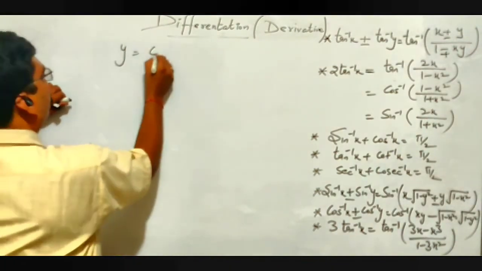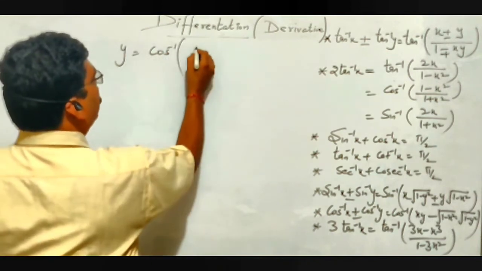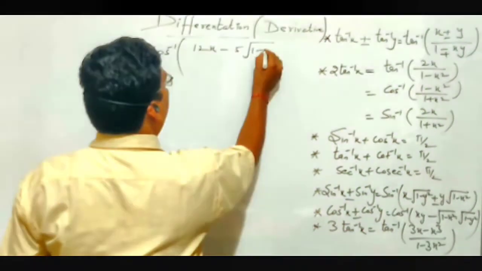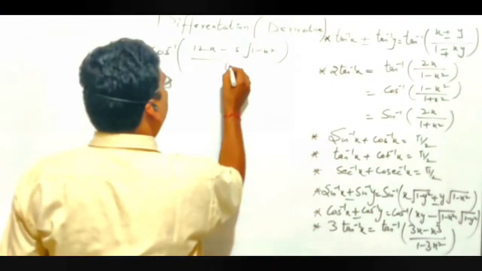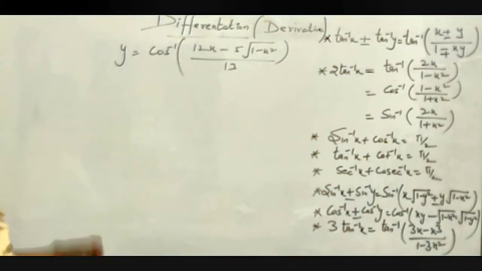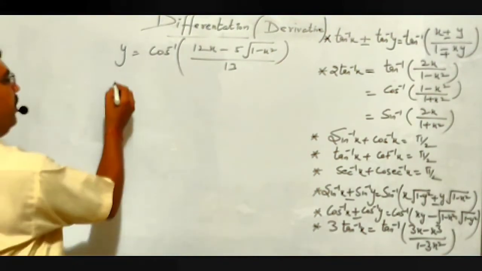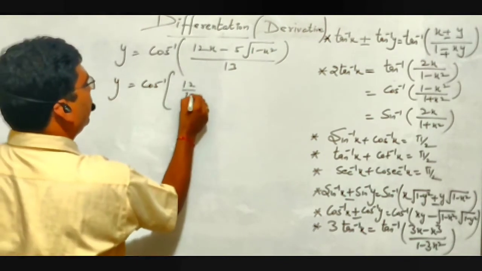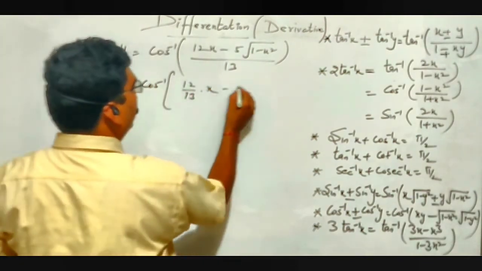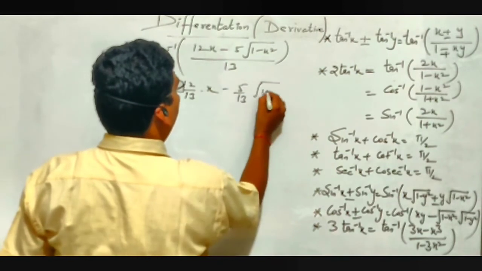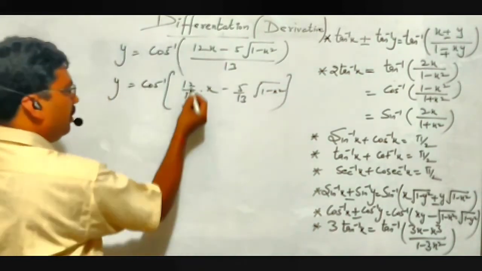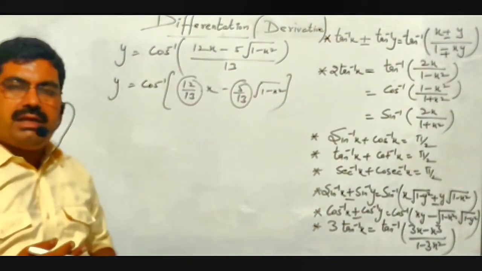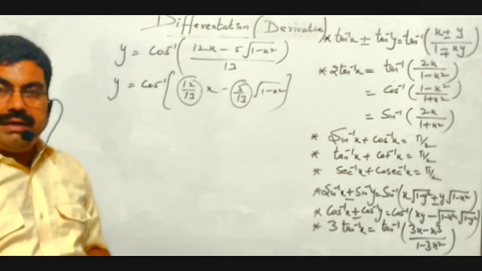Next question. y equal to cos inverse of (12x minus 5 into root of 1 minus x square) all by 13. Find the derivative of this. First we write this as cos inverse of 12 by 13 into x minus 5 by 13 into root of 1 minus x square. 12 by 13 and 5 by 13: 5, 12 and 13 are a Pythagorean triplet.